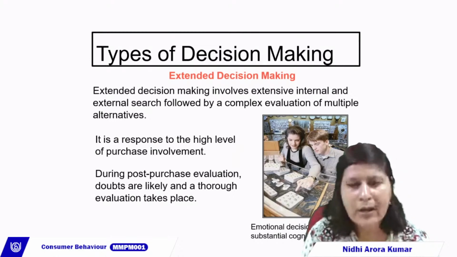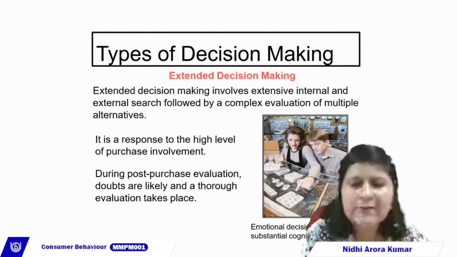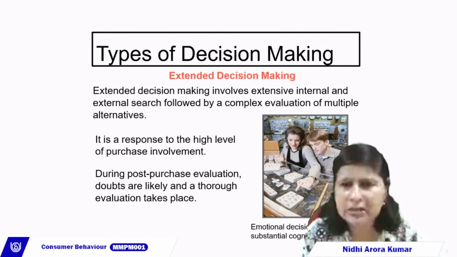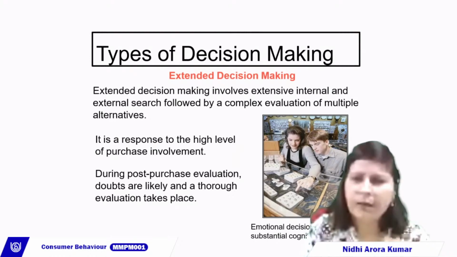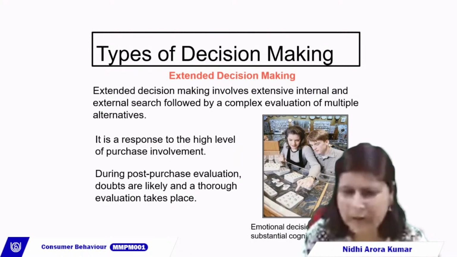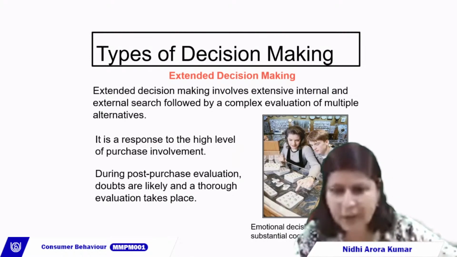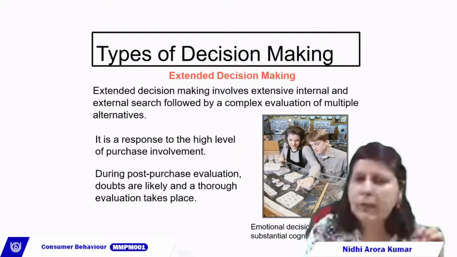The consumer will spend much of the time and will involve himself or herself in the purchase. I'll not give money to someone and say go and bring that product for me, right? If I want to buy some gold or jewelry, then it will be extended decision making.